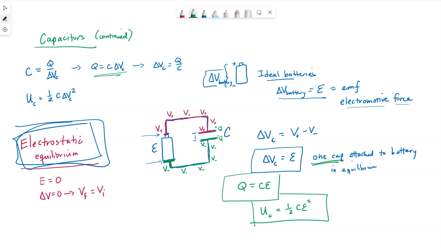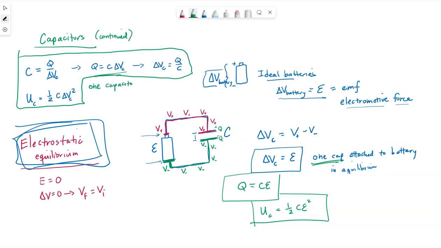These equations up here, the top three, are the same equation, just isolating for different variables. Then there is energy, and capacitance is charge over delta V. These are valid for any one capacitor at a time.